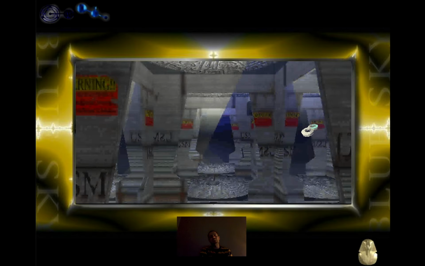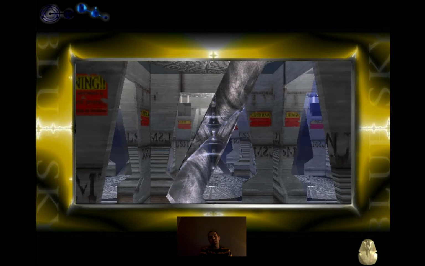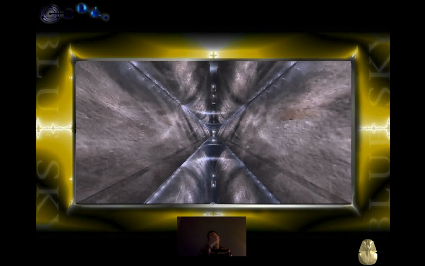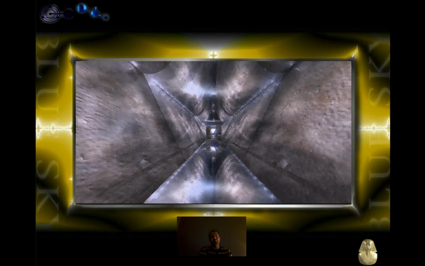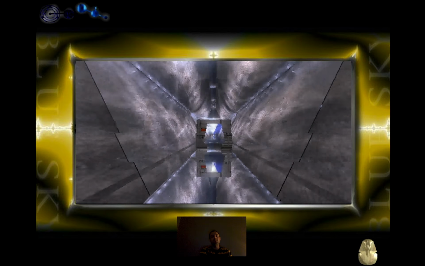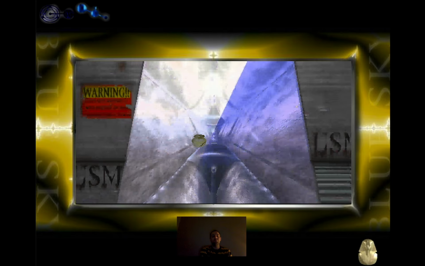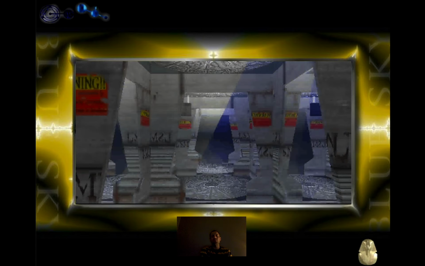So I should already have the pen and paper out and be mapping these nodes, but I just feel like wandering around for a moment, just to give everybody an overview of how gorgeous this game is.